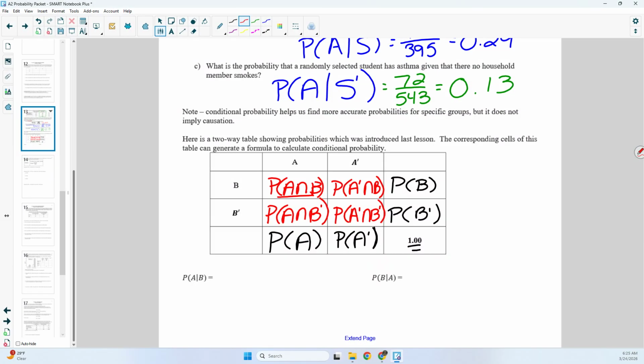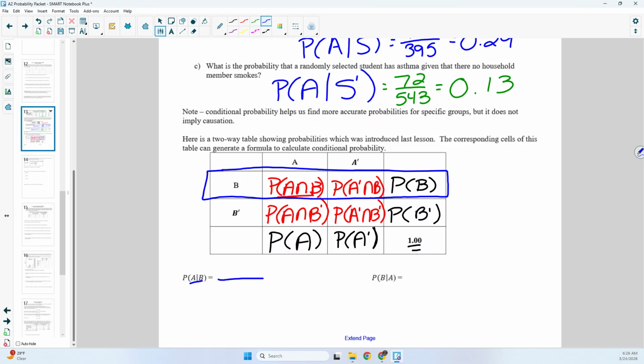So we're going to start to look at conditional probability, and if we were just given values, like a couple different probabilities, how would we calculate it? If I say the probability of A given B, it means I'm only looking in the B column.